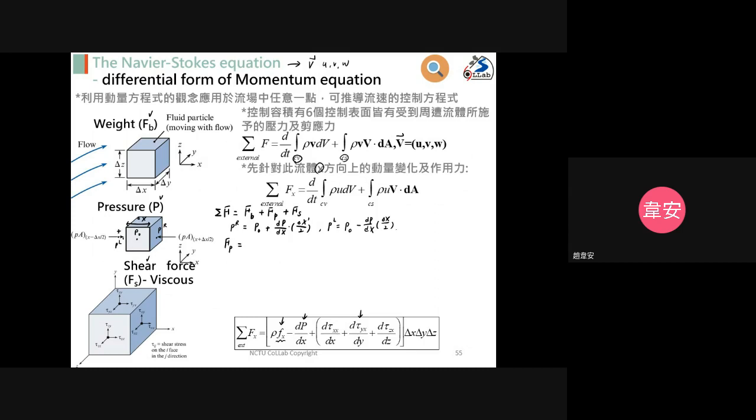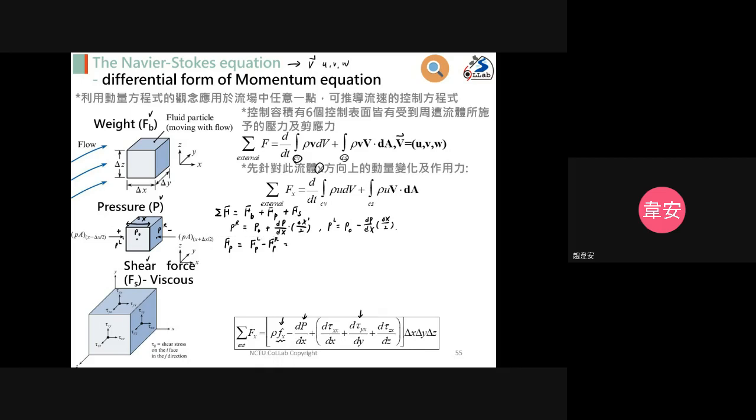The pressure force left is positive because the arrow direction is the positive x direction, and the pressure force right is negative because you see the arrow here is going to the left. So actually here we have the pressure force left minus the pressure force right.